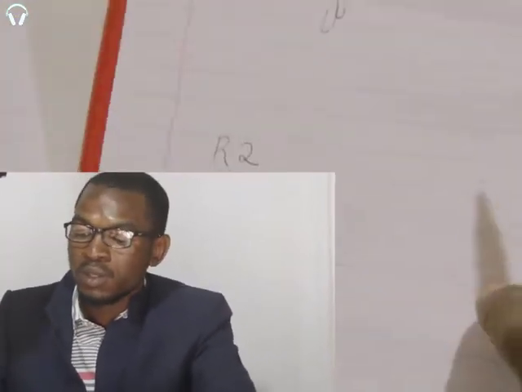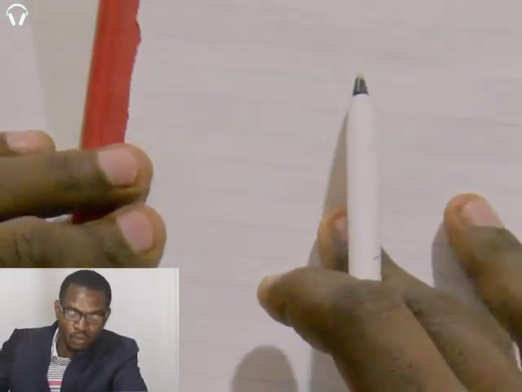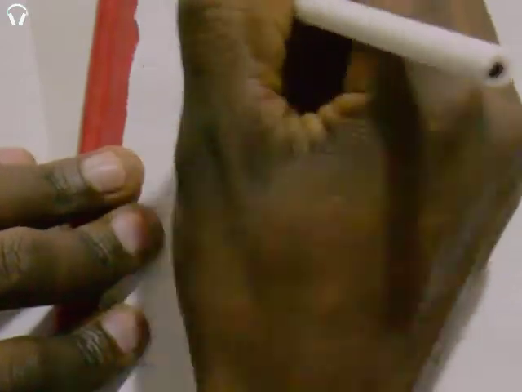We can substitute x with 7 in order to get the corresponding y value, which is t. Let me use this side of the page, which is question 3.